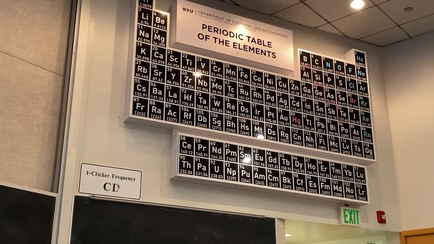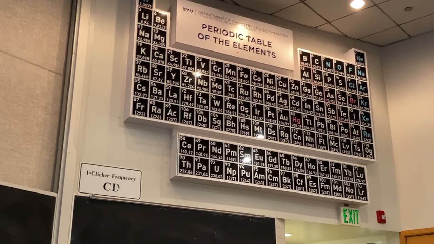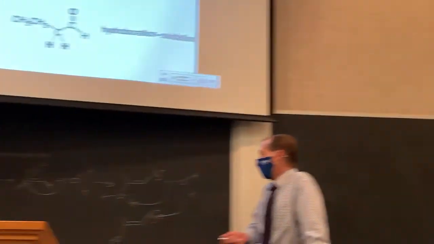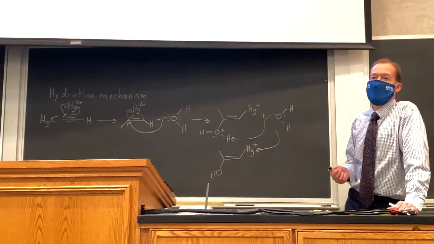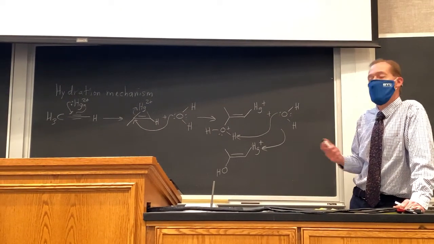So because our mercury cation is electrophilic, it's Lewis acidic, it shouldn't be surprising that the pi electrons of the alkyne will attack the mercury. But if that's all that were happening in the first step, then we would end up with the vinyl carbocation.